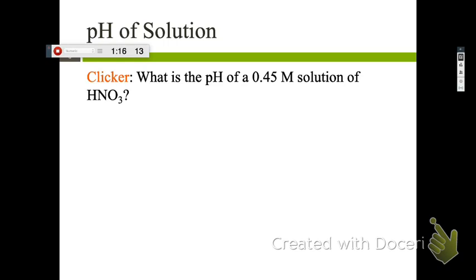What are we missing? Why do we not need Ka? Have you guys memorized your 6 things? This is a strong acid. What does that mean about dissociation? All right, so go ahead and figure out what your H+ ion concentration is and then figure out the final answer. You need to recognize our strong acids and strong bases right away and not waste time doing other calculations.